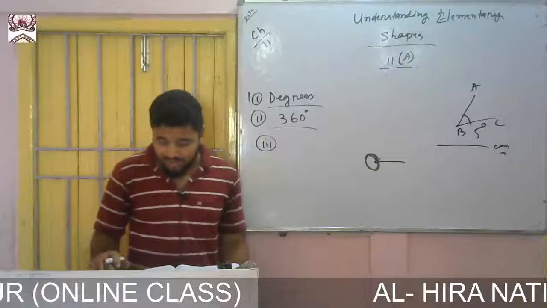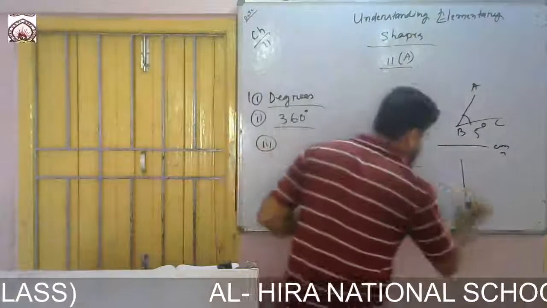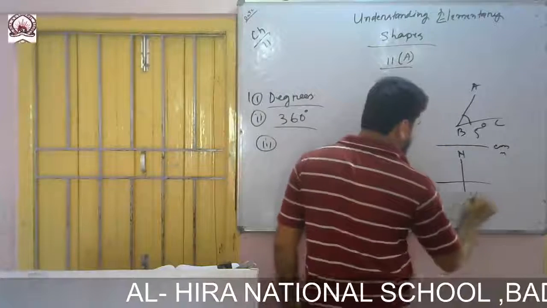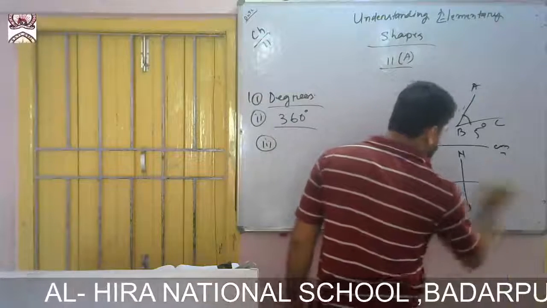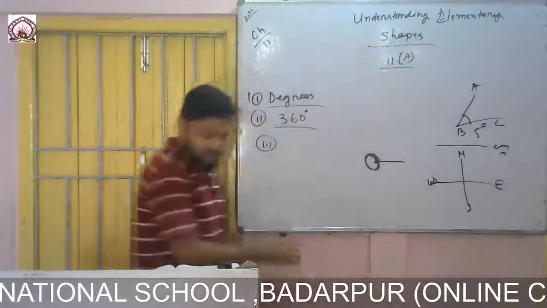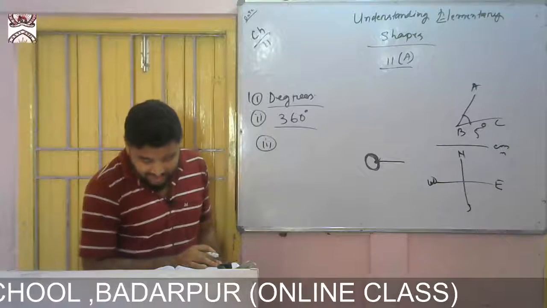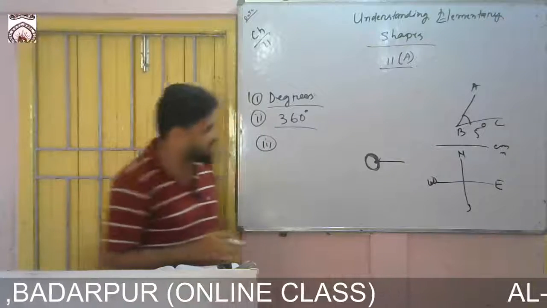The angle between the north direction and east is what? Suppose these are the directions: north, south, east, west. The question asks for the angle between north and east.